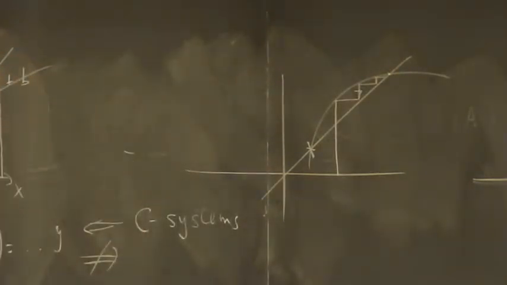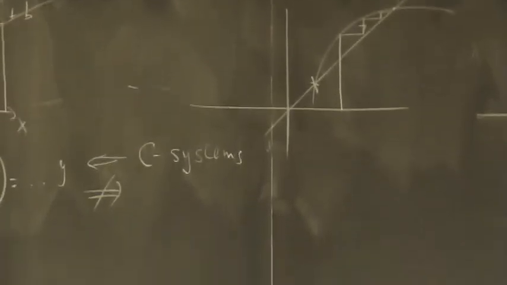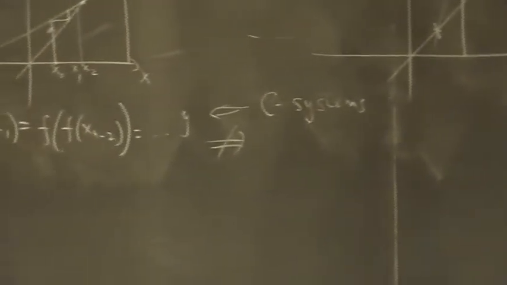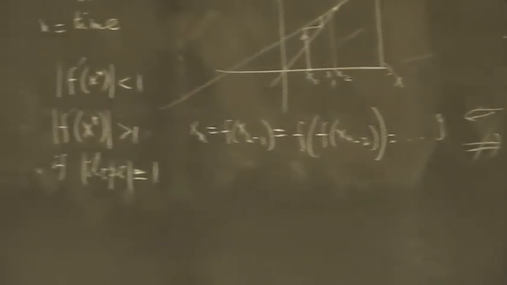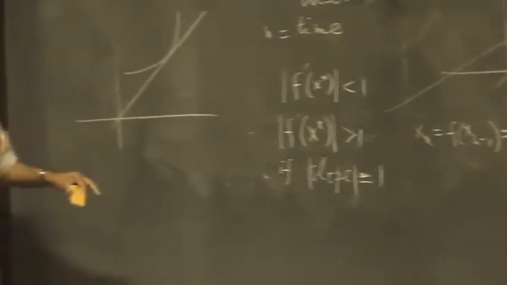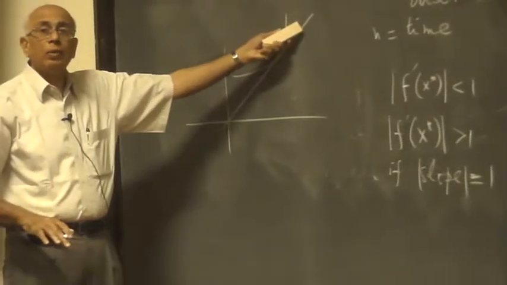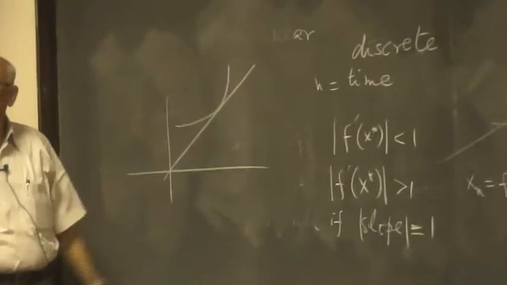Now you could have more complicated possibilities. You could have stability from one side, instability from the other side. That's again a marginal fixed point. So suppose you have this guy here, and you have a curve which comes along and touches it and goes off. Then you can see that as you go from this direction, the slope is tending to 1 from smaller values, and here it's tending to 1 from larger values in magnitude.